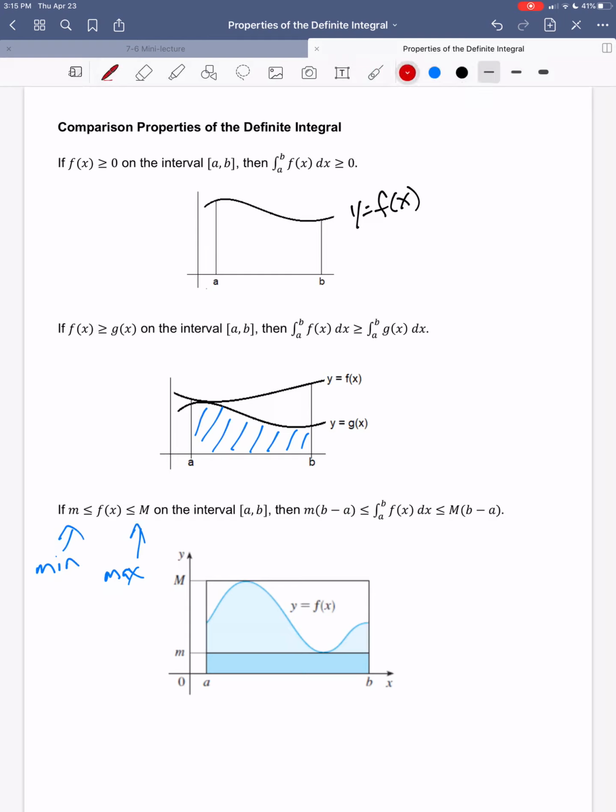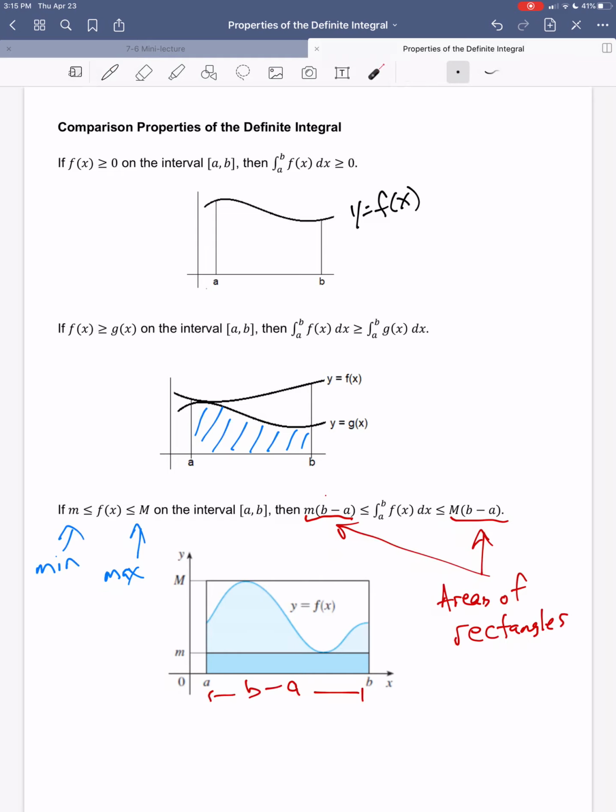All right, now that's not really that complicated. These are just areas of the rectangles that we would get in the picture here. So little m times b minus a is this darker blue area at the bottom.